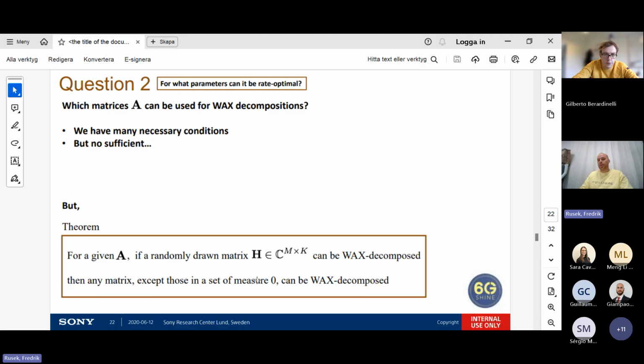If you succeed, then you know that for any H, any channel that you will ever face, you can always do the WAX decomposition.